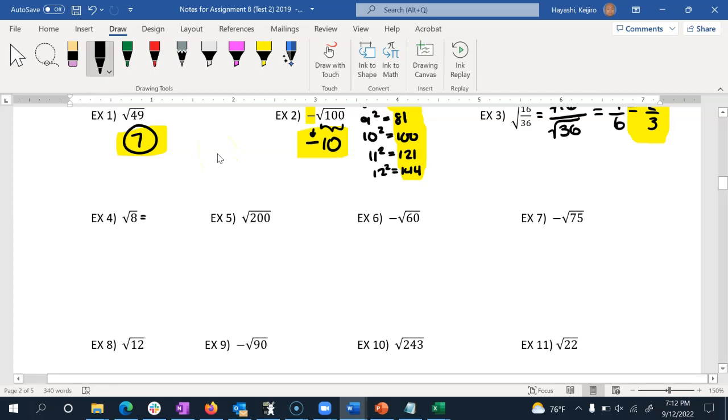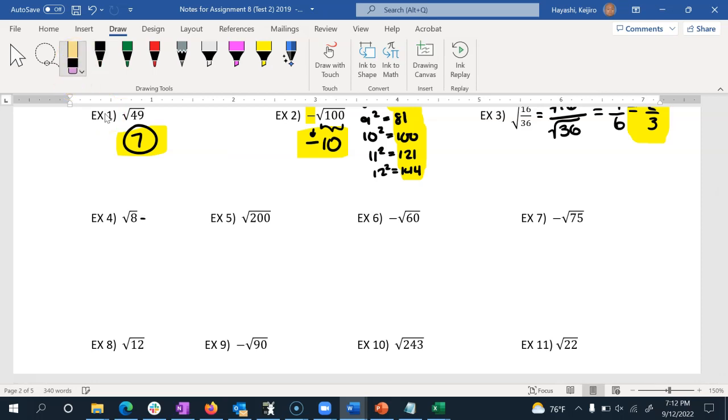What's the other factor going to be if one of the factors is 4? 2. Okay, so we'll just break this up into 4 and 2, keeping them underneath the radical for now. So just 4 times 2. Now, would that be the answer? No.